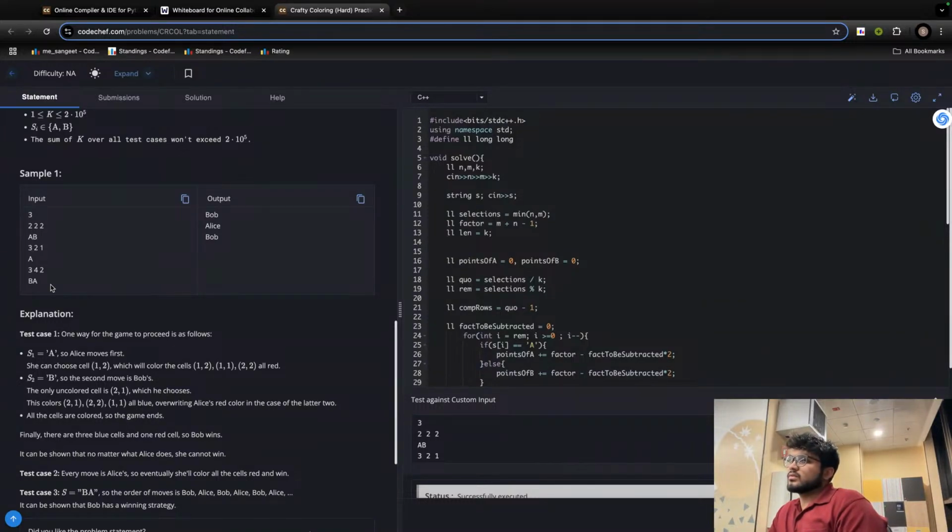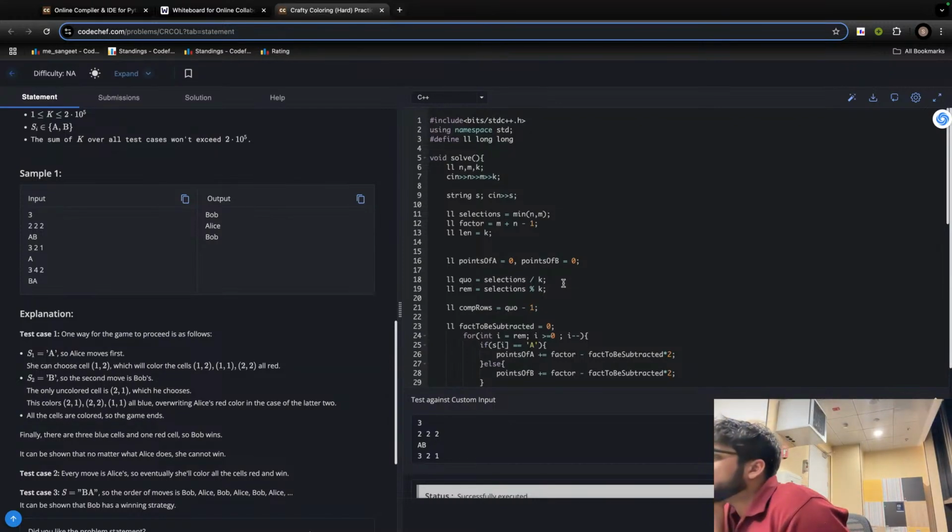So the remainder for the first one is 0, right? Okay, there's something wrong with this.